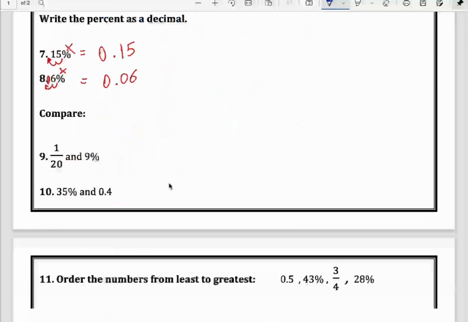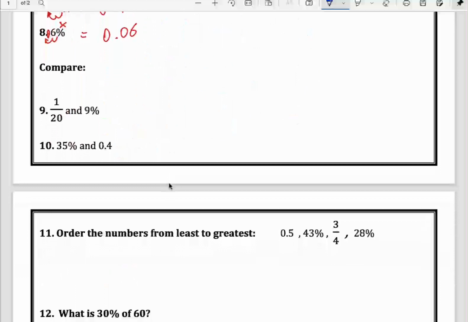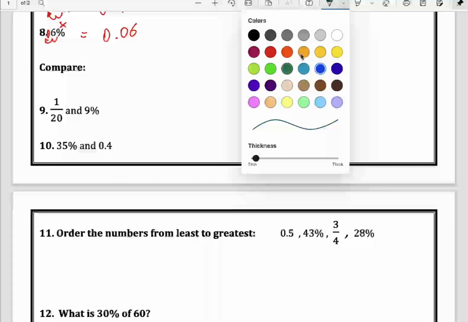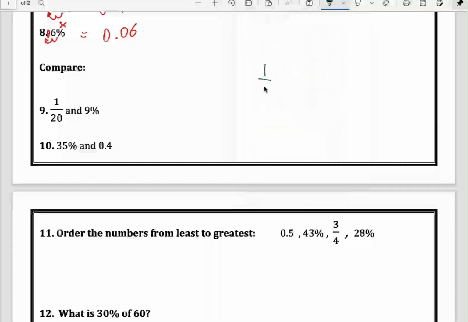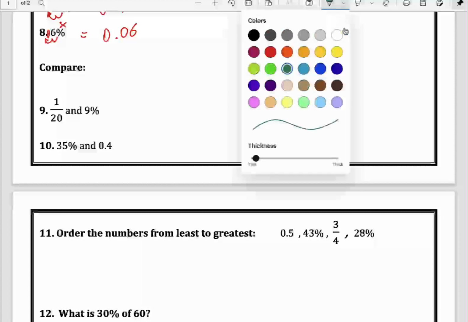Okay, now let's continue. Now for question number 9, we will rewrite 1 over 20 as a percent. So let's take it here, 1 over 20, and rewrite it as a percent because the other one is a percent.